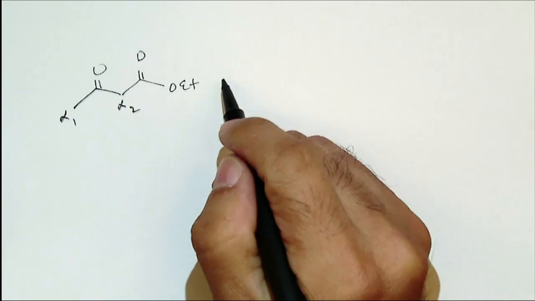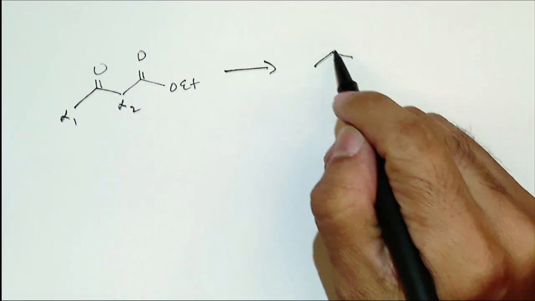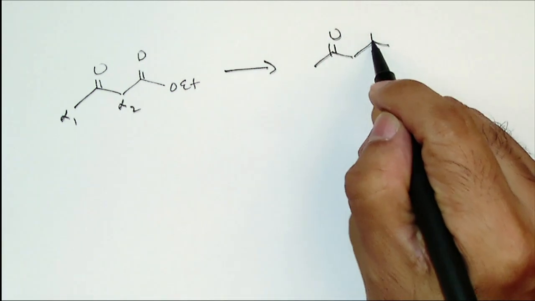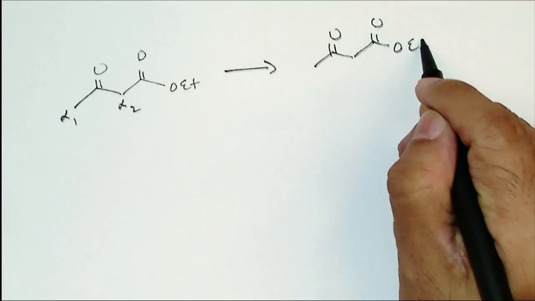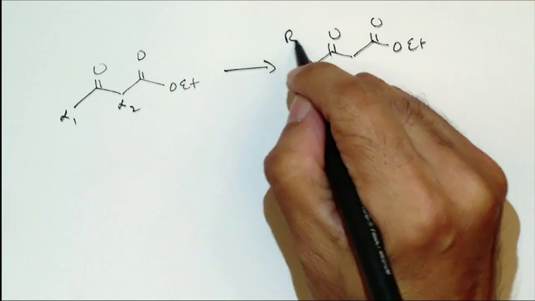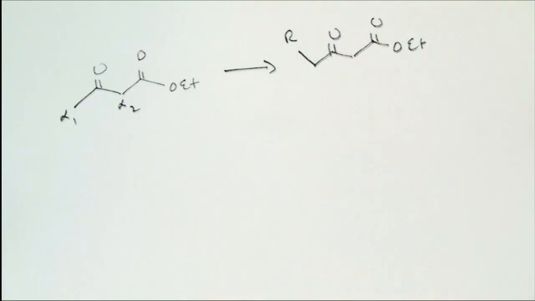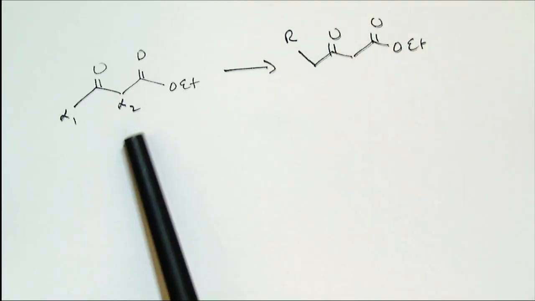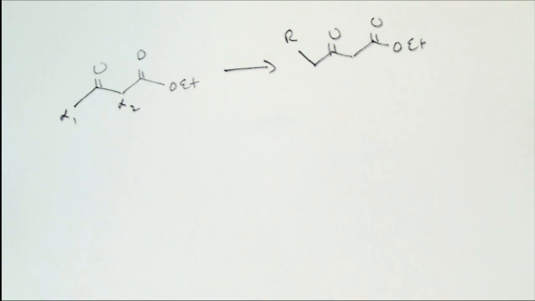What if, however, I wanted to alkylate at the alpha 1 position? What if this is where I wanted to add an alkyl group? How do I do that if the alpha 2 is the more acidic position and is preferentially deprotonated? A very simple thing is what we do.